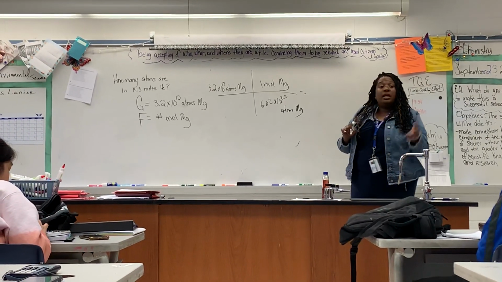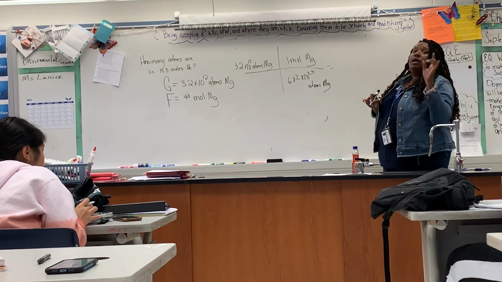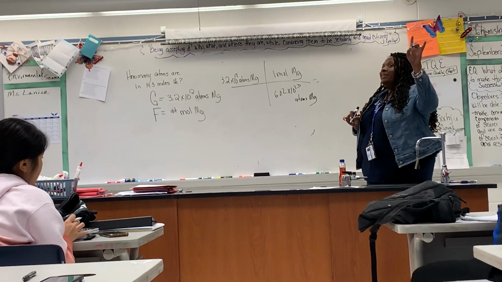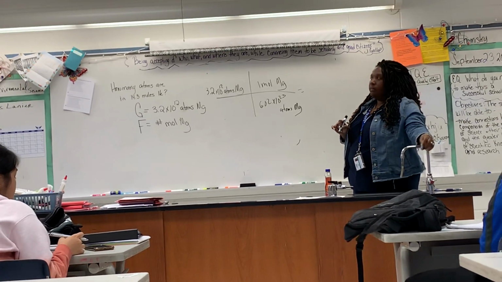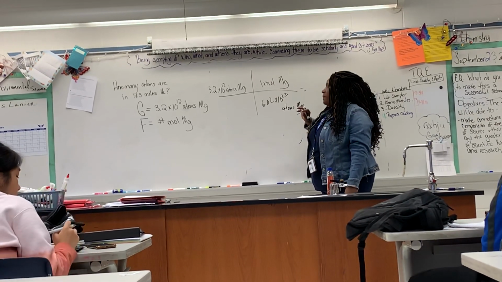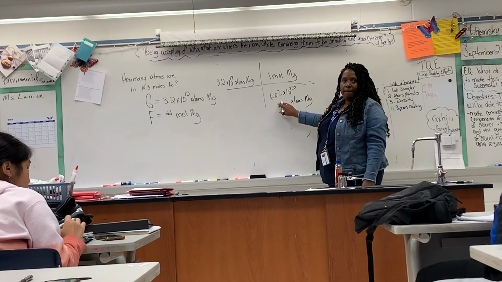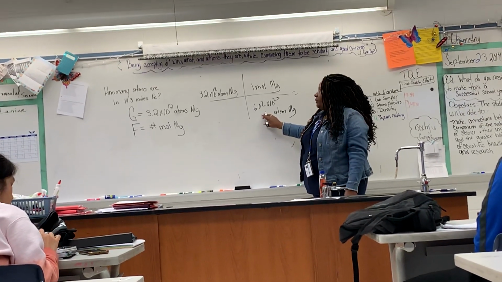Let's do the calculation. Get your calculator in your hand. 3.2, second, double E, 12. We know it's times 1. We don't need to do that. Divided by 6.02, second, double E, 23.